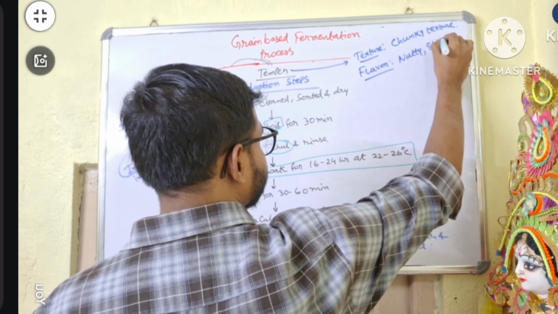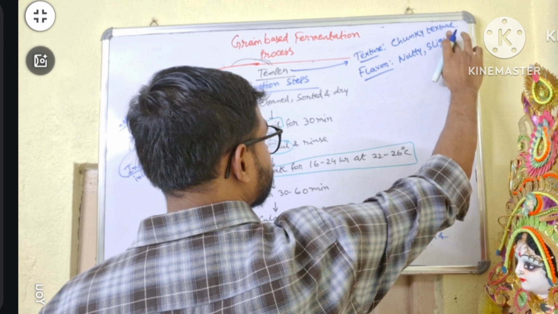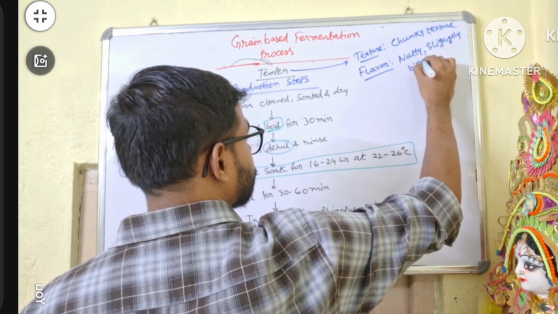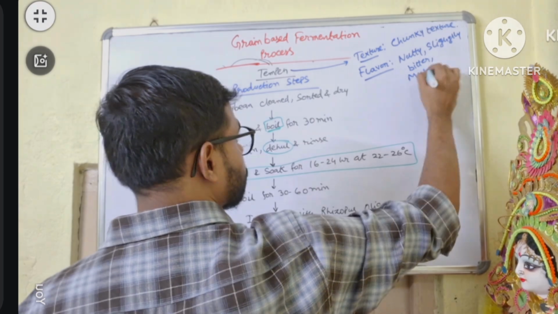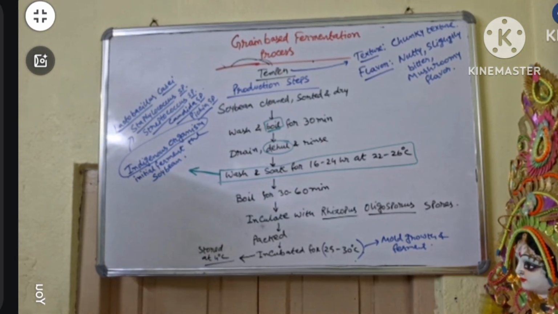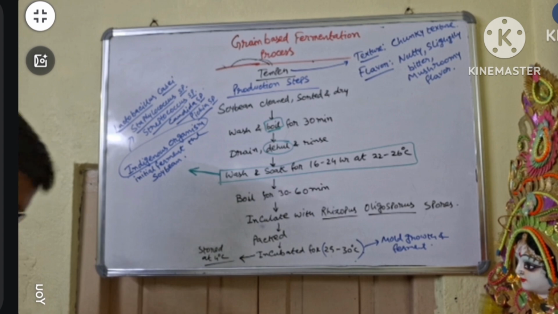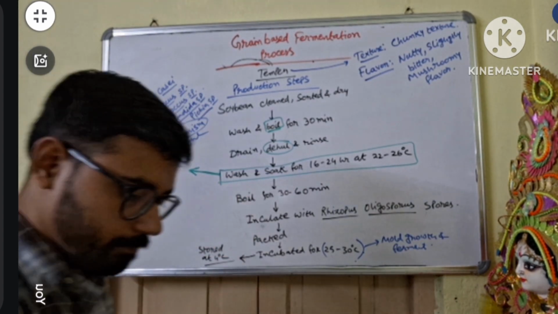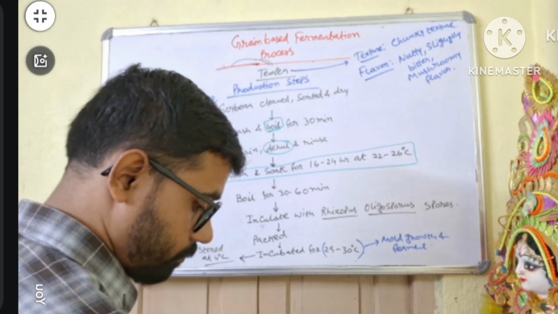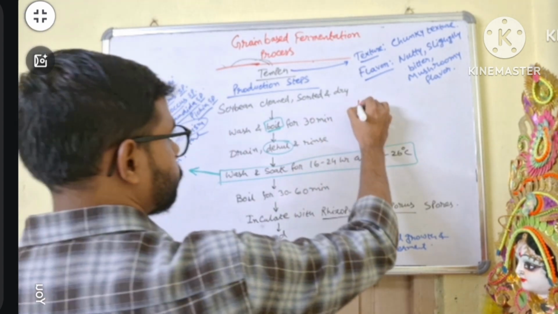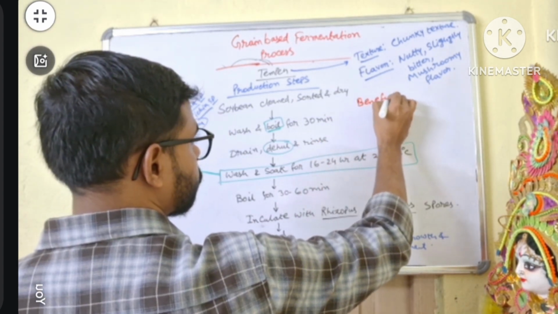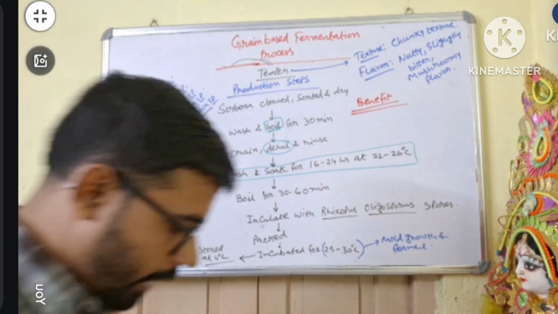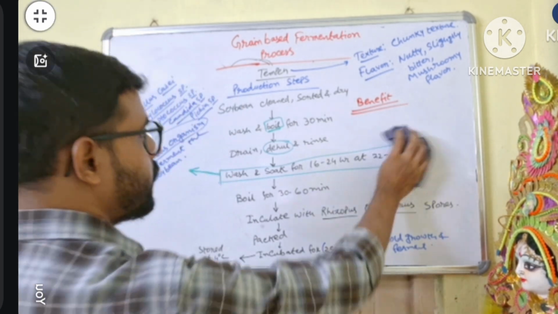Slightly bitter, meat-like flavor, meaty flavor. It gives benefit. Benefit of tempeh: it contains high source of protein.